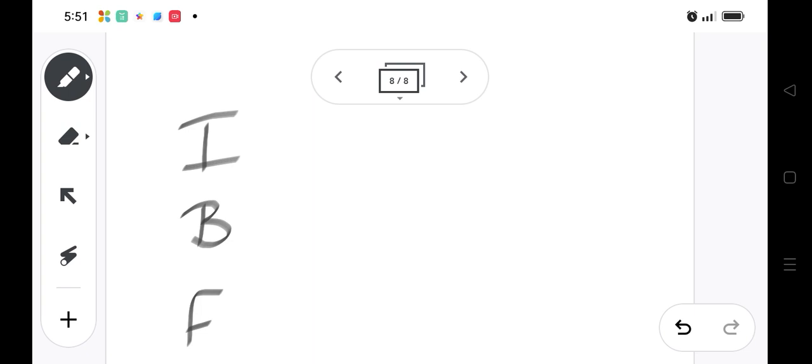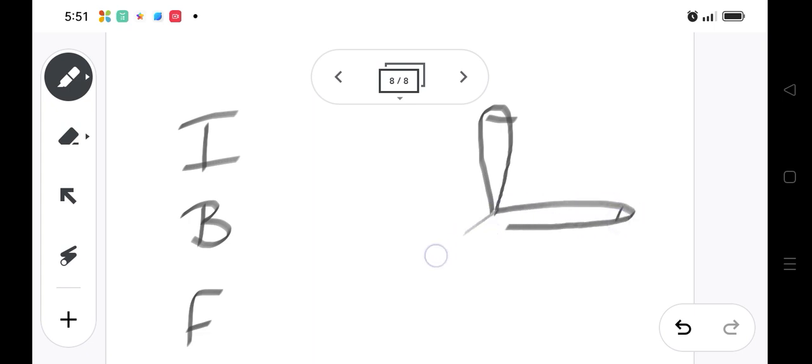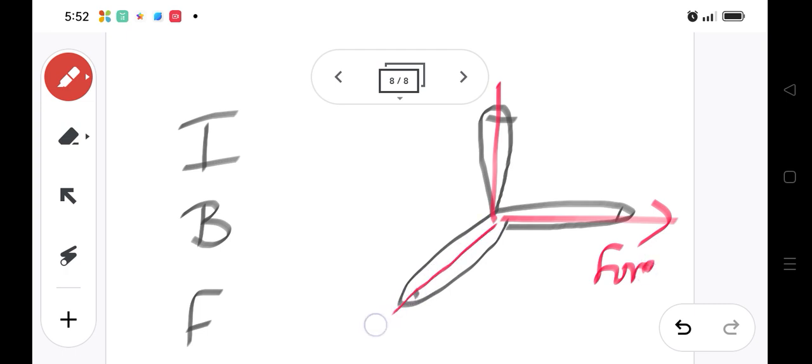So here we are holding our right hand, thumb, forefinger and middle finger in a mutually perpendicular way. This is your forefinger, this is your middle finger, and this is the thumb.